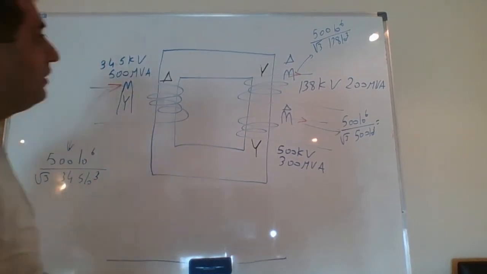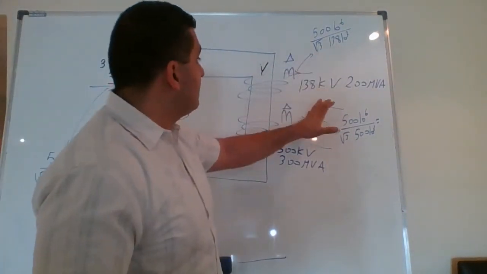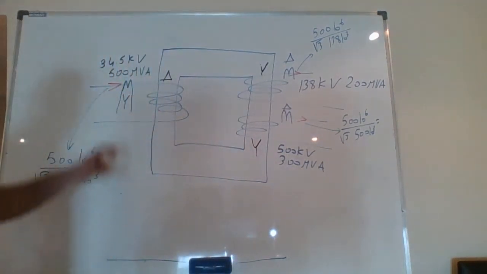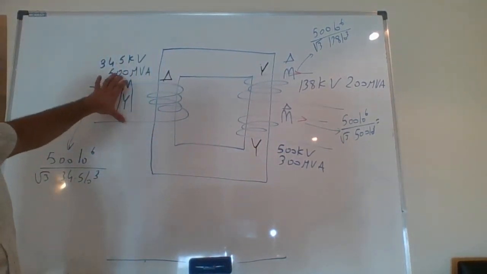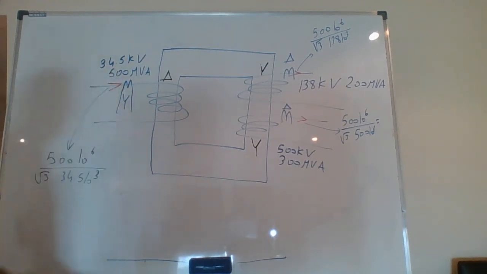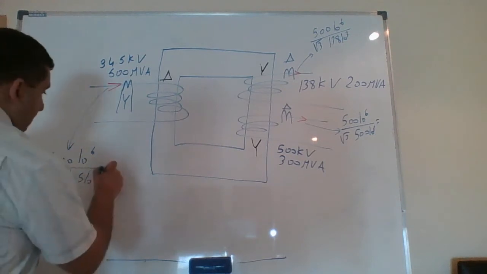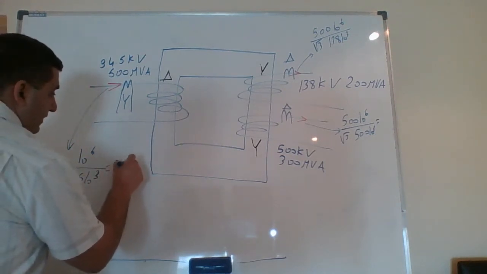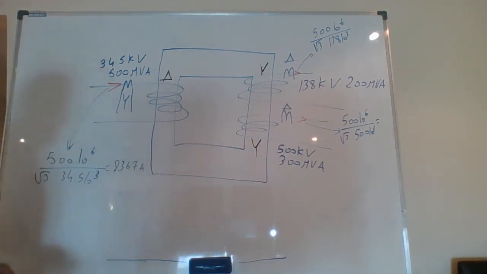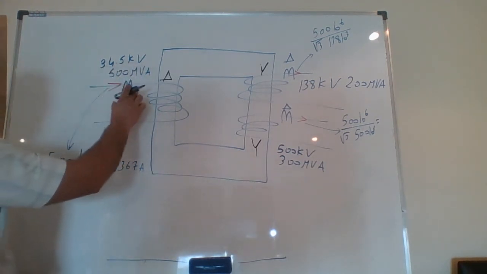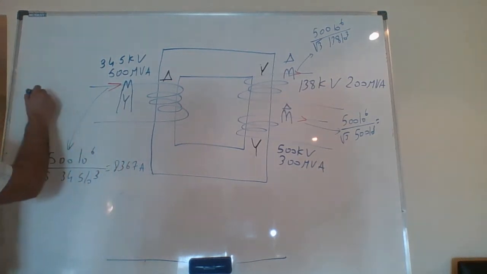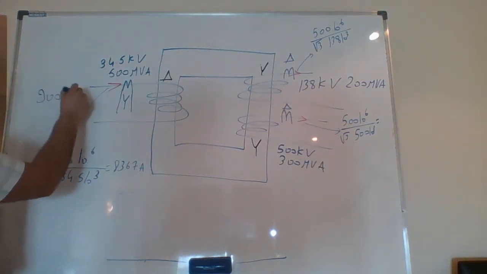I found this current, and I found this current. Because my CT is connected as a Y, straight away this answer is 8,367 amps. So from the CT, because it's Y, my CT ratio on the primary will be 9,000 to 5 amps.